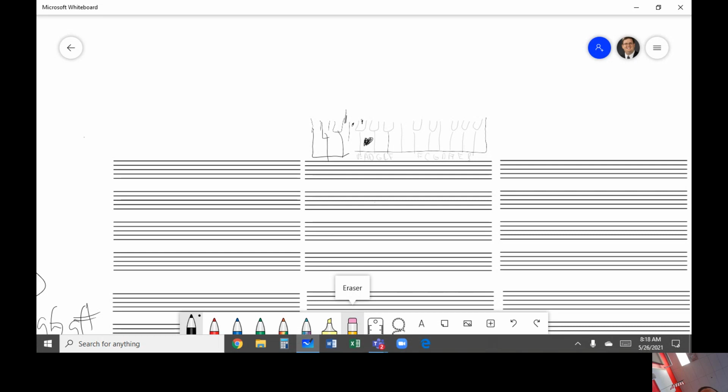G natural is 3 half steps up from E minor. Again, I went up 3 letters, E, F, G, and then I went up 3 half steps, 0, 1, 2, 3. And G natural is what's called the relative major of E minor.